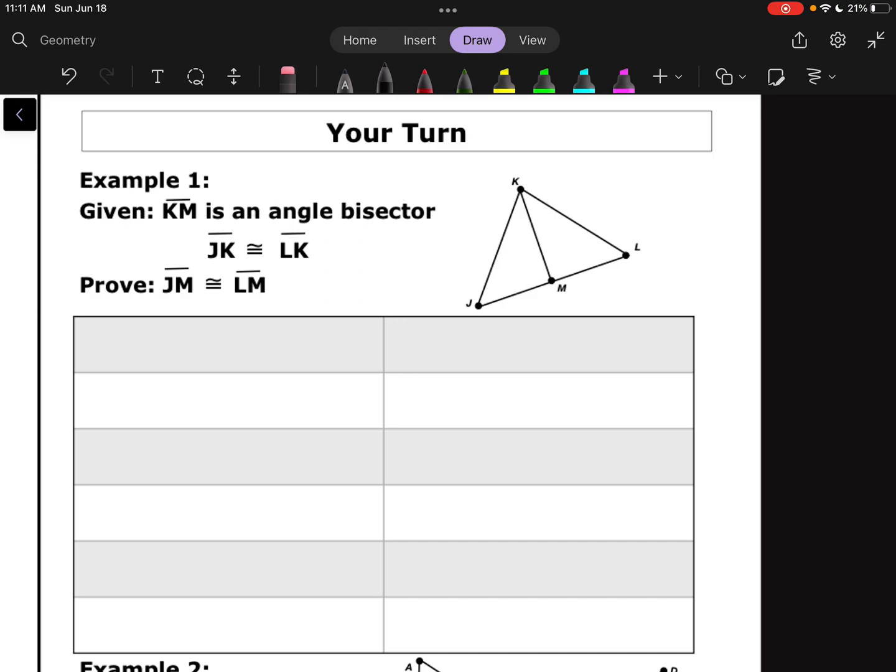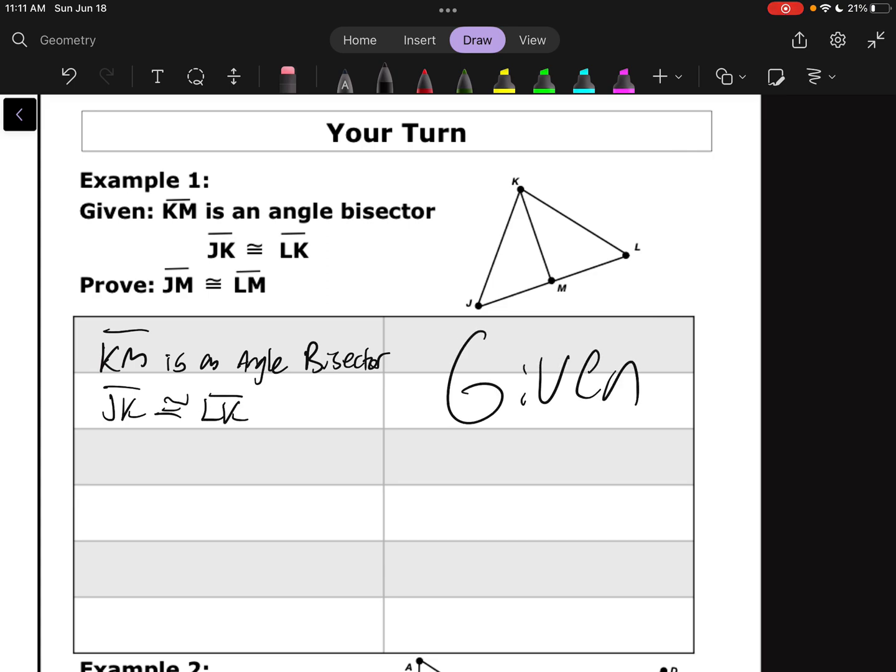All right, so hopefully those went well. Let's see here. KM is an angle bisector, and JK is congruent to LK. Okay, so we've got one congruent thing. We need 2 more, one of which is that KM is congruent to KM, reflexive.